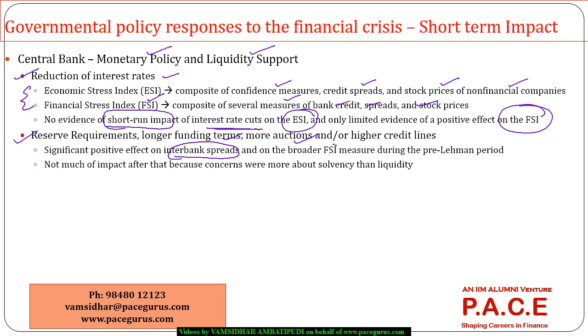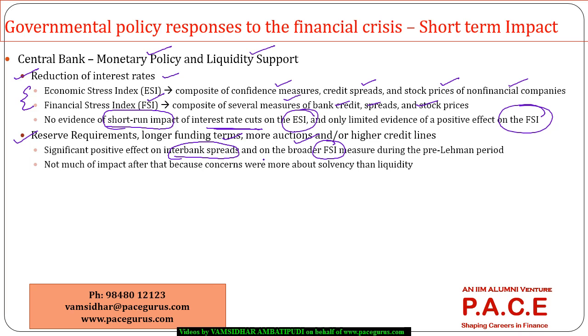Because of this, the FSI, again something to do with the banking system, the various measures of the banking system, got positive during the pre-Lehman period. So things were much better off. The interbank spread had a positive appeal during the period before the collapse of Lehman Brothers.